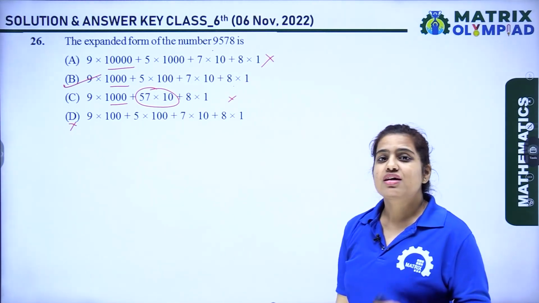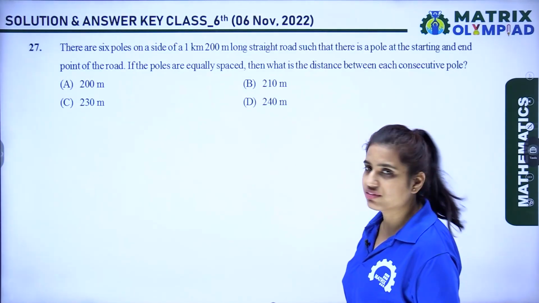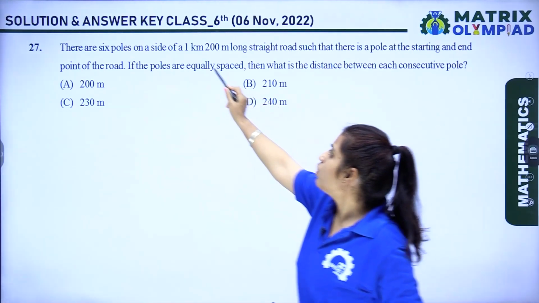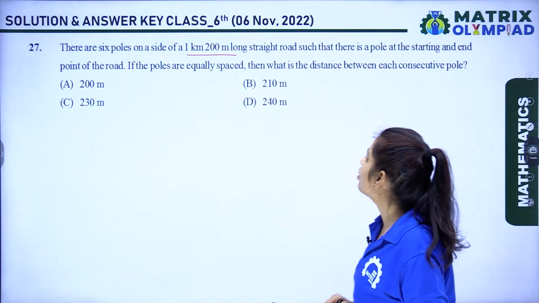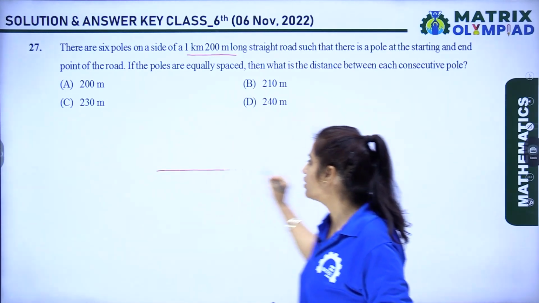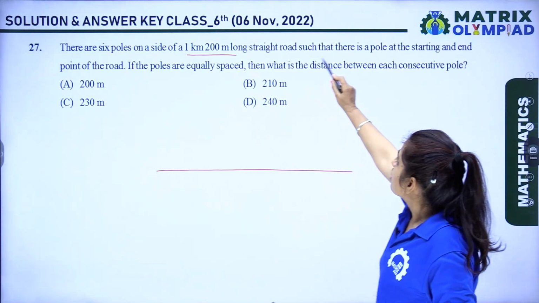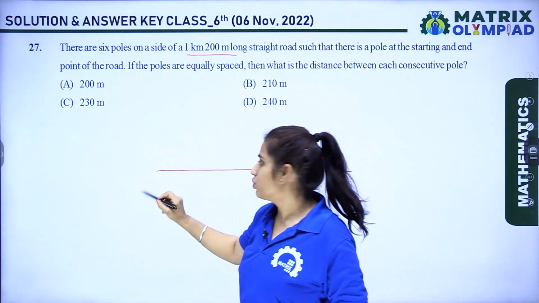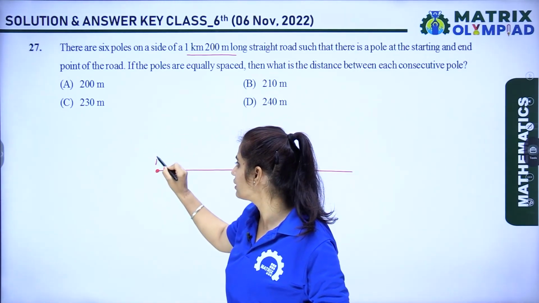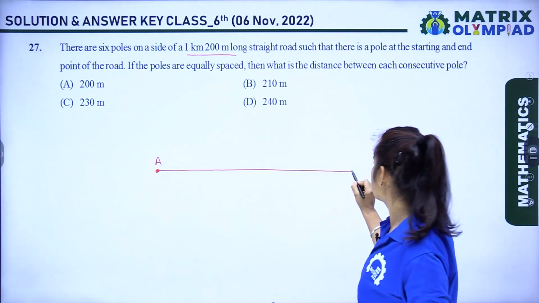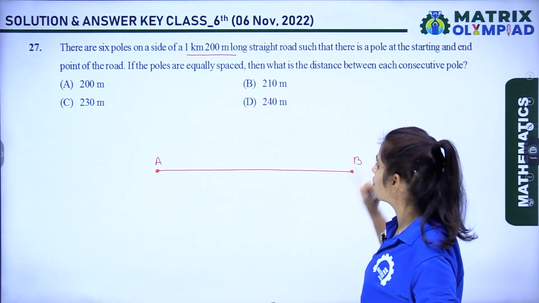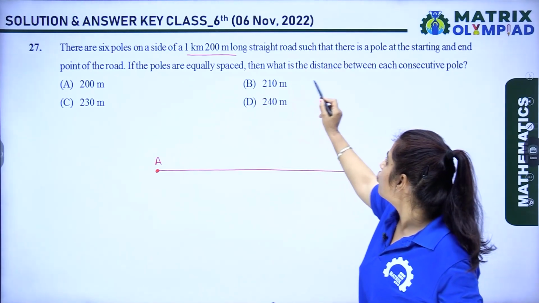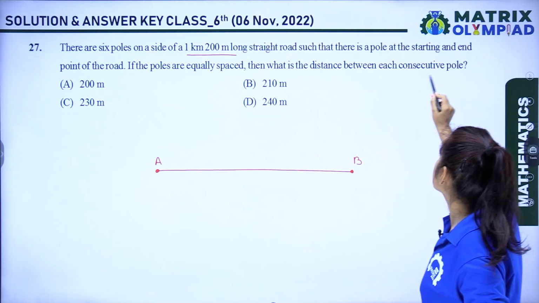Now let's begin with the next question, question number 27. There are 6 poles on a side of a 1 kilometer 200 meter long straight road. So here we have a straight road such that there is a pole at the starting and ending point of the road. Let's name one pole A and the other pole B. If the poles are equally spaced, what is the distance between each consecutive pole?